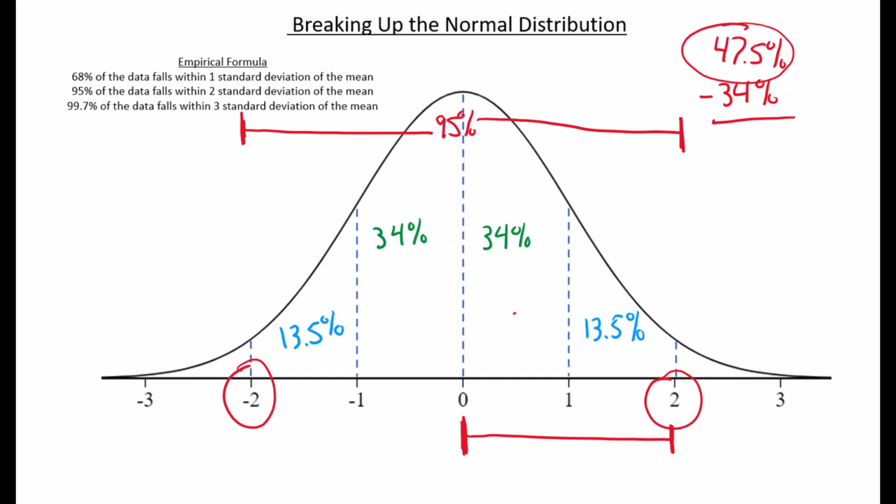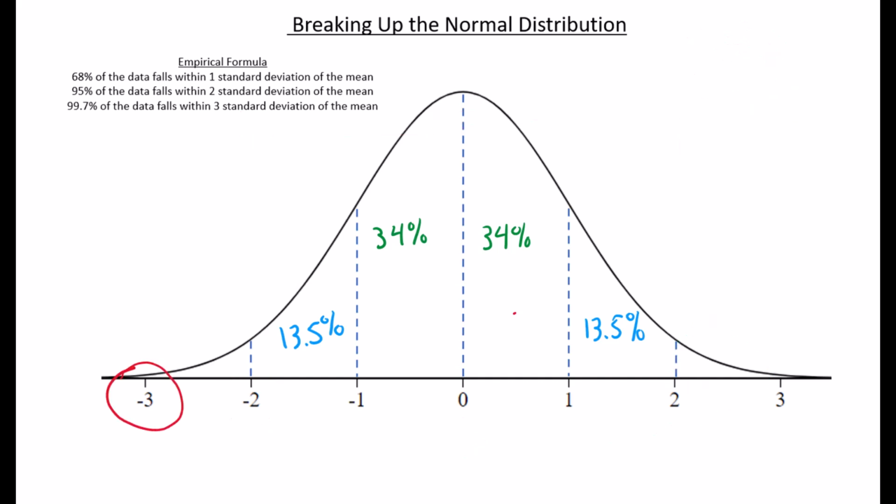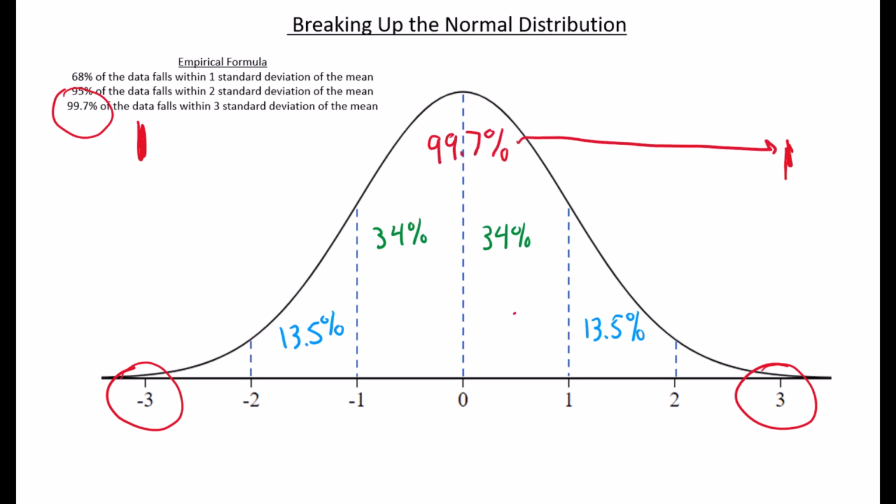Now we're going to figure out this area over here, and we know that from 3 standard deviations below the mean to 3 standard deviations above the mean is 99.7%. So I'm going to take my line there, a little line here, 99.7% will run all the way to the right, all the way to the left.